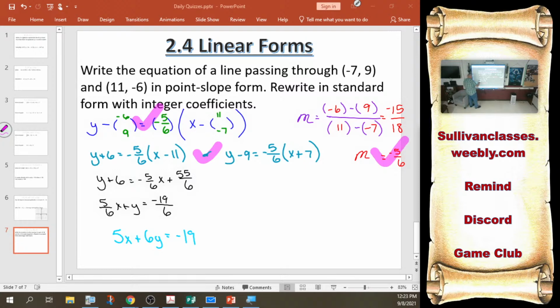Did you get to standard form? Did you get integer coefficients? Okay, there's your 5 stages. Found the slope correctly, plugged things into point slope form correctly, got the correct point slope, got standard form, got integer coefficients, the different stages.